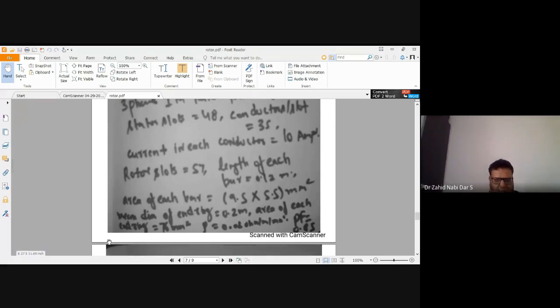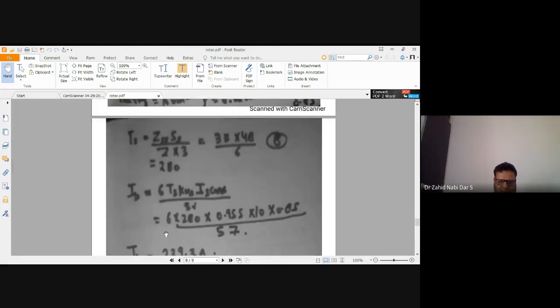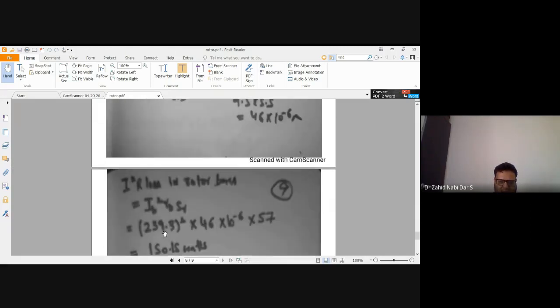For one slot the loss is IB square RB, so for SR number of slots, 51 slots, the loss through each bar would be IB square RB into SR. I have written the same thing here: IB square RB into SR. IB square I calculated as 239.3.